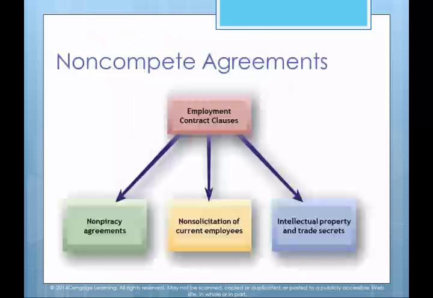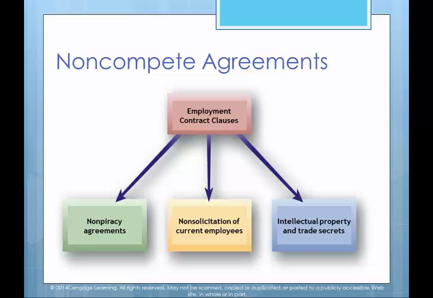Okay, non-compete. Here are the different kinds of non-compete agreements, which are non-piracy agreements. That's really kind of an interesting one because it bars former employees from soliciting business from former customers and clients for a specific period of time.